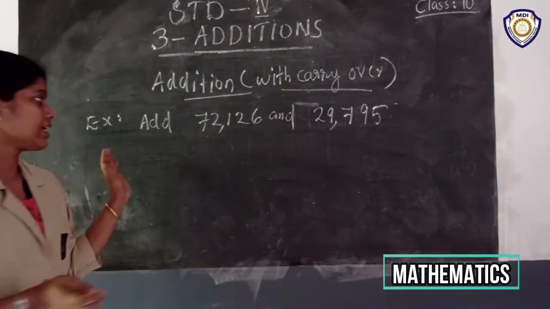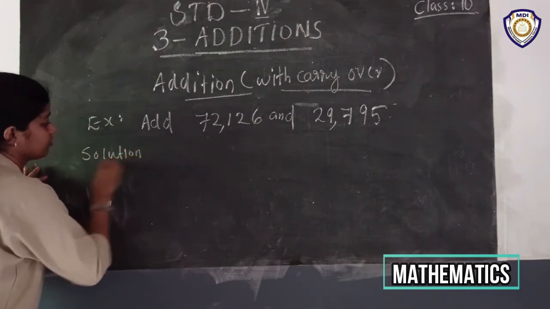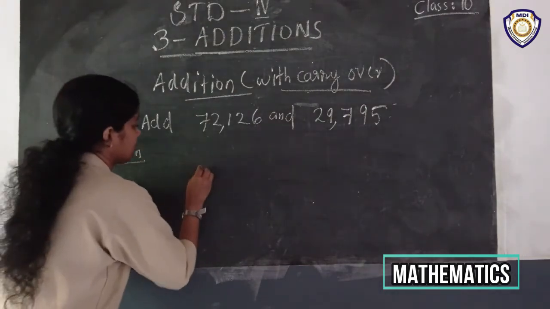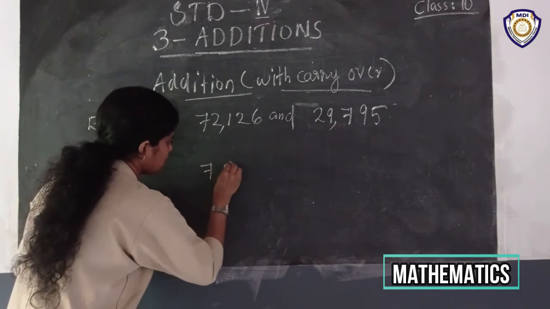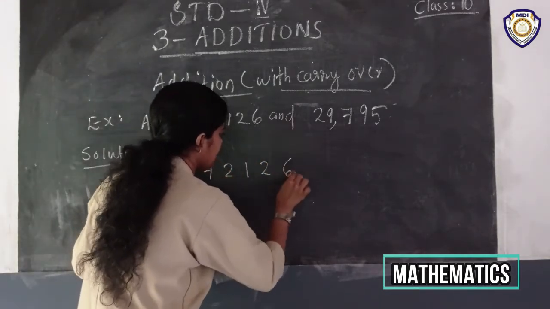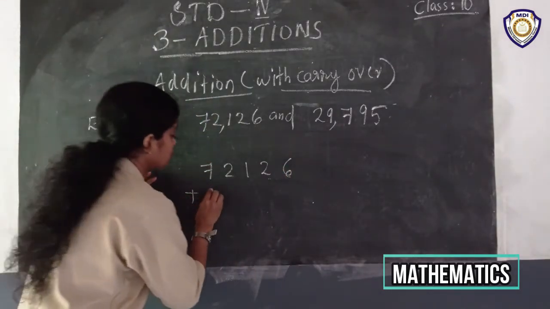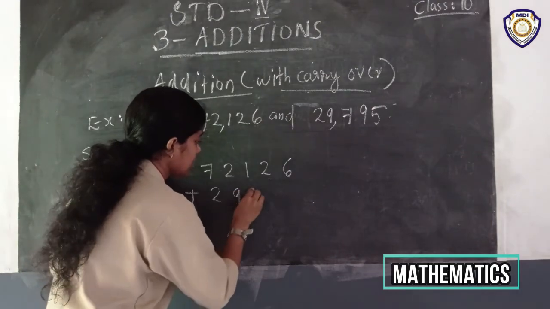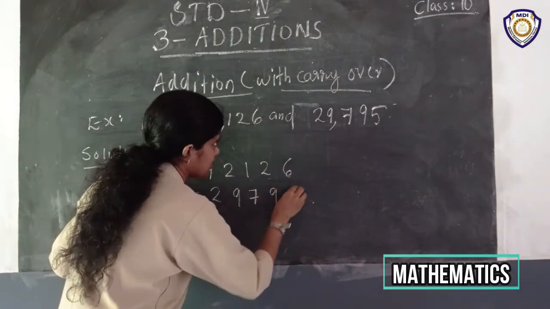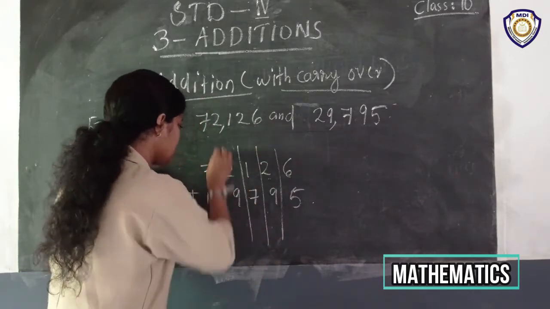Okay, all of you listen here. Solution: 72,126 plus 29,795.